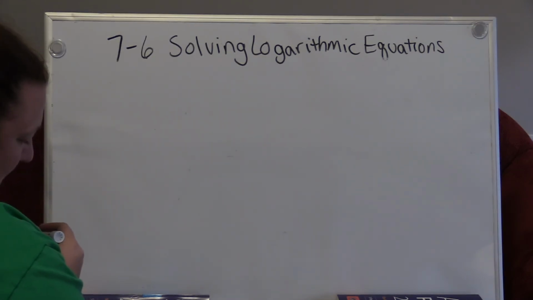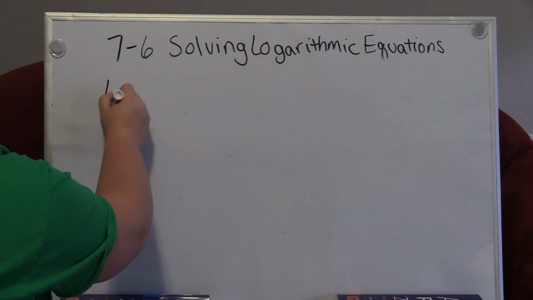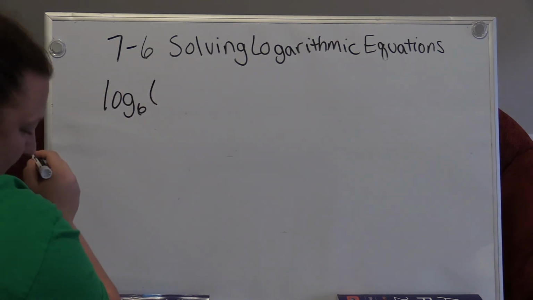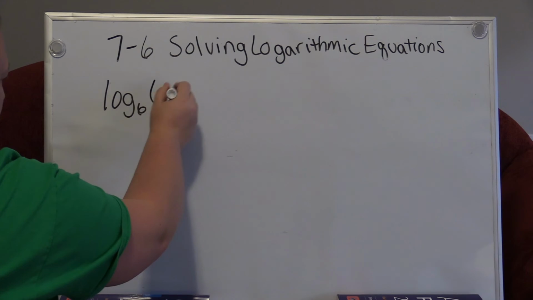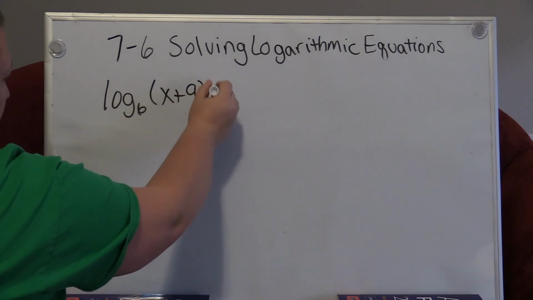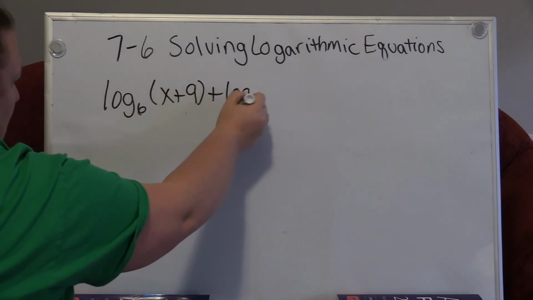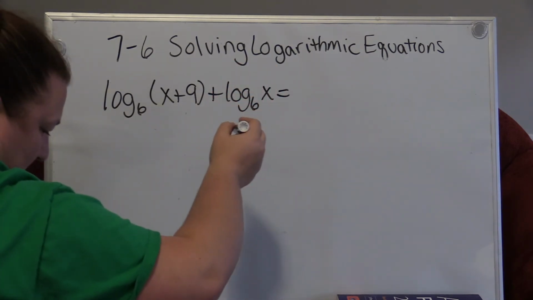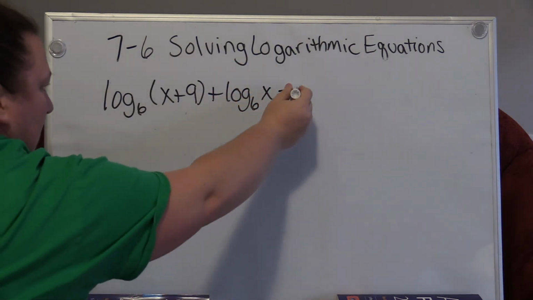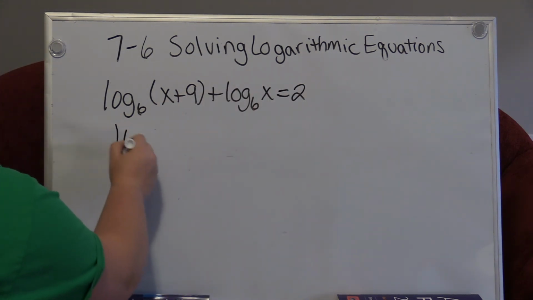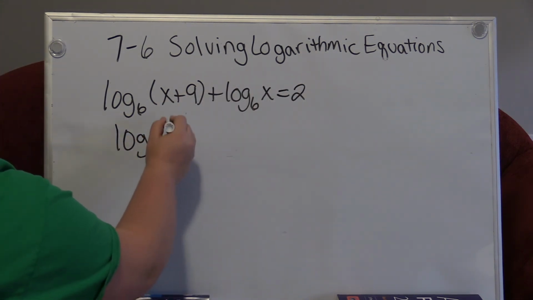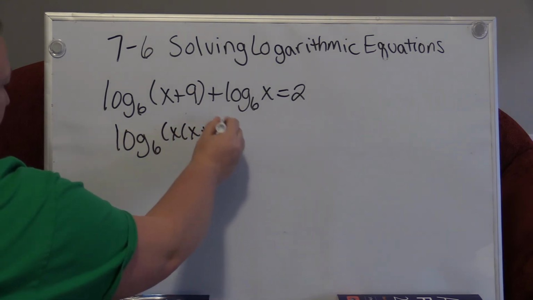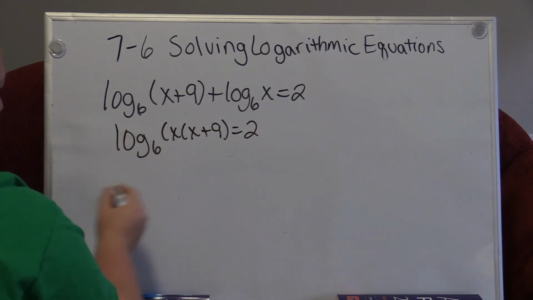So I get the log base 6 of x plus 9 plus the log base 6 of x equals 2. So this becomes the log base 6 of x times x plus 9 equals 2.